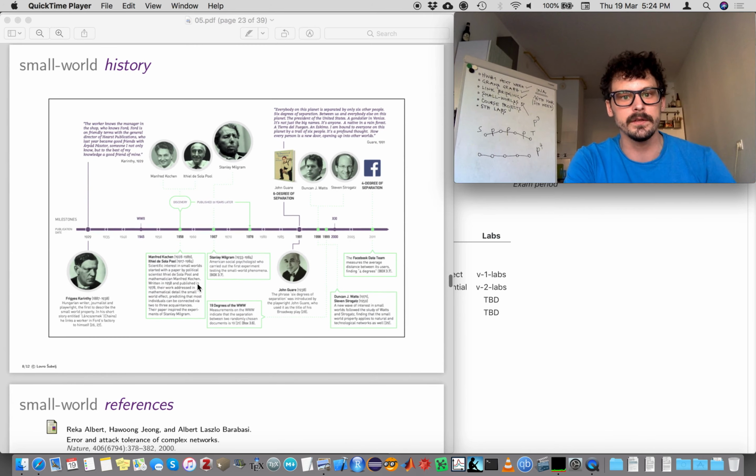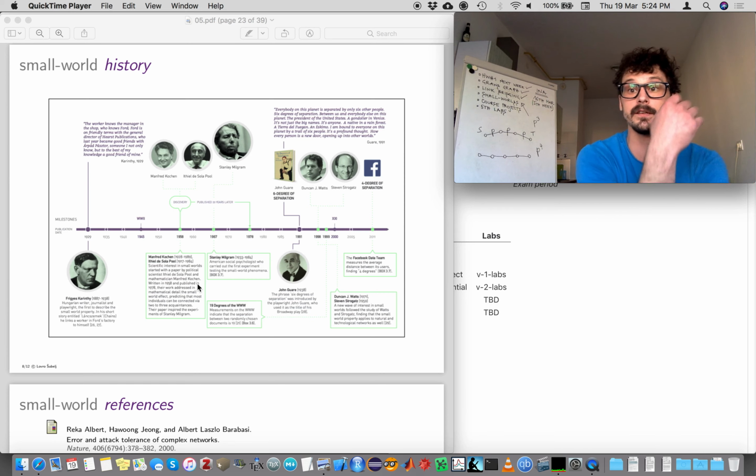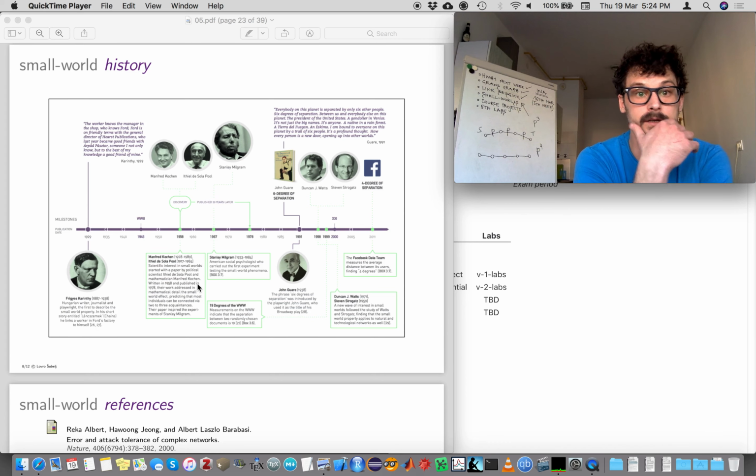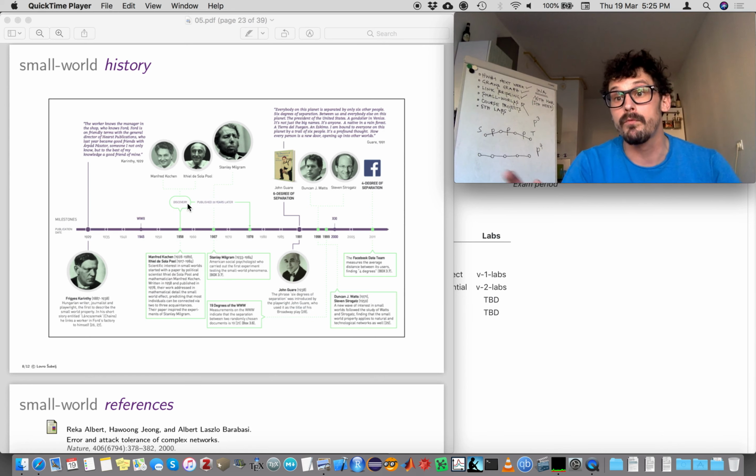And going on to the final slide, which shows a historical development of small world networks, the theorem, the models, and so on. Here is Stanley Milgram's experiment in '67. Actually, as you can read here, people found out about small world networks even before.